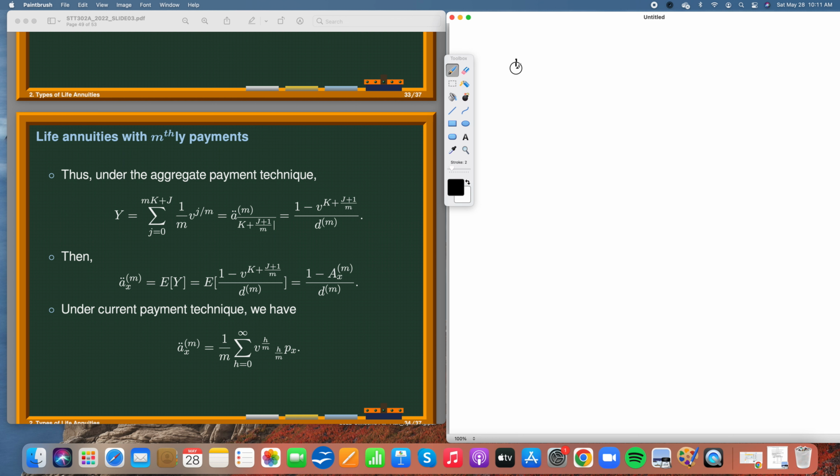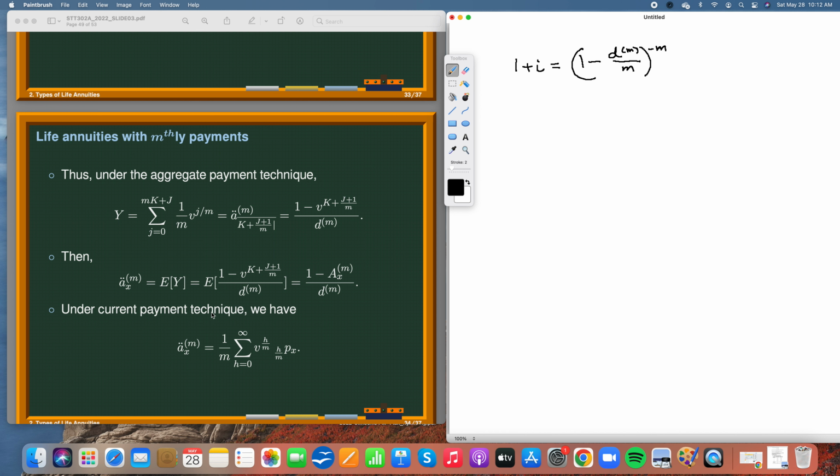So remember what d to the upper m is. If you recall your theory of interest, 1 plus i would be equal to the following in terms of d to the upper m, where i is your effective rate of interest.